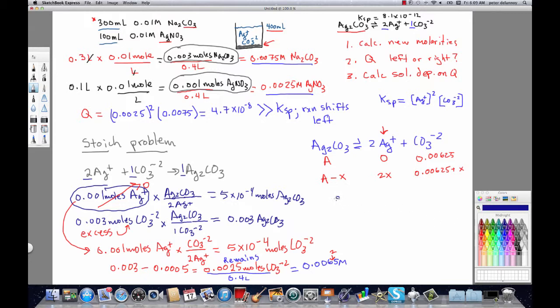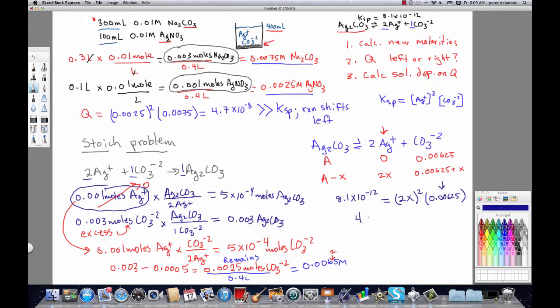Now we set up our expression. It's going to be 8.1 times 10 to the minus 12th. This is going to equal the 2x quantity squared, and then because we're dealing with a small equilibrium constant, we're going to drop the x out of the sum. So we have this situation here, which allows us to easily solve this problem.